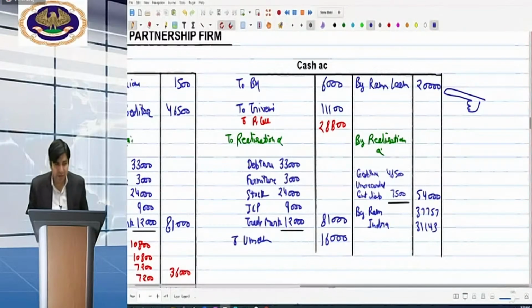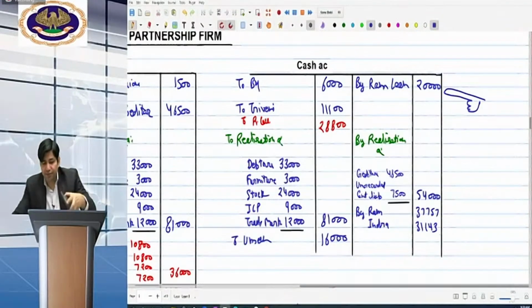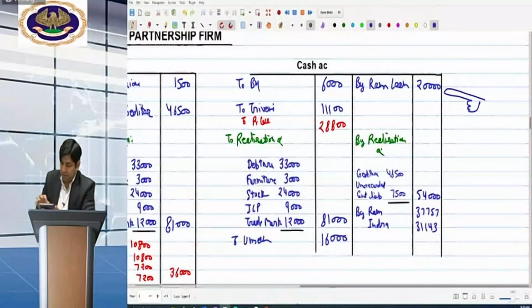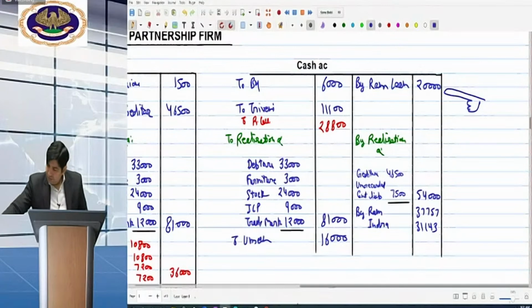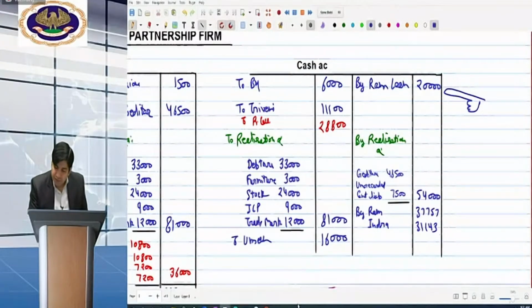Next one, 31,143. Can you please tell me the total, beta? 20,000 plus 54,000 plus 37,757 plus 31,143. And here is the total.